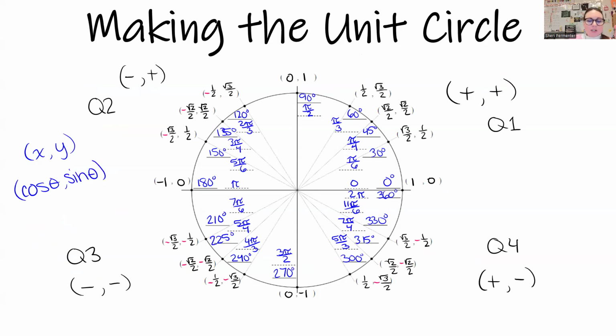Tangent. We learned about tangent. What is tangent equal to? What over what? Sine over cosine. So that means that tangent is going to be y over x.